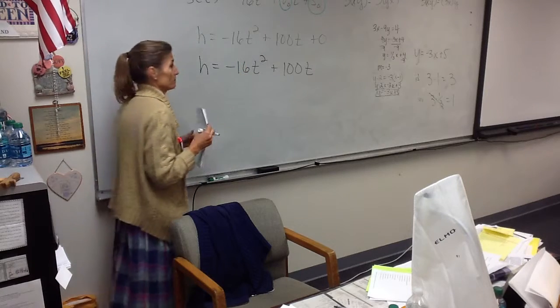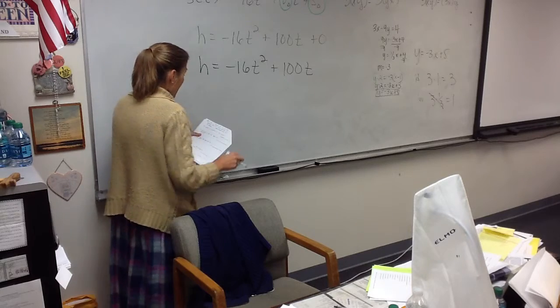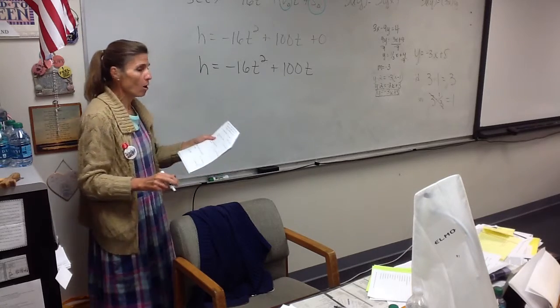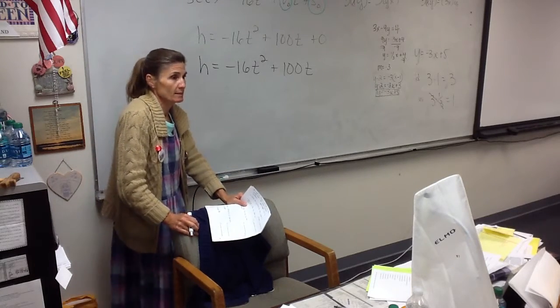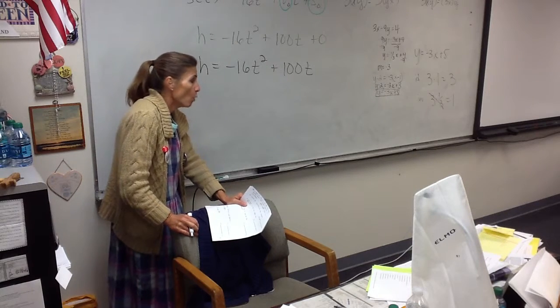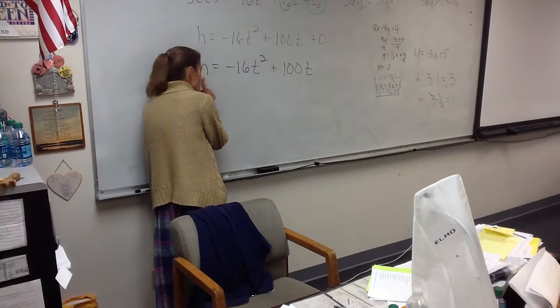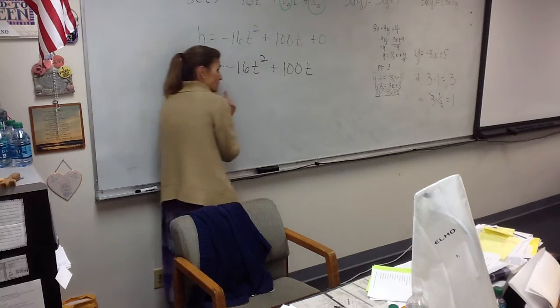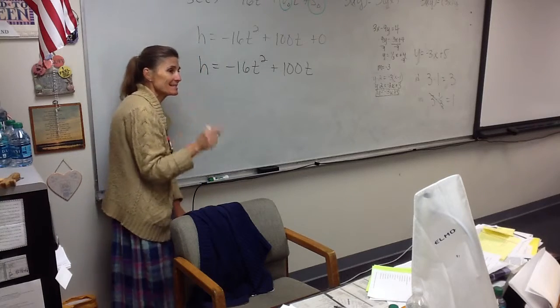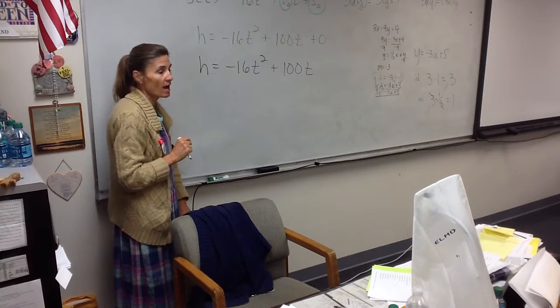Here we go. Question B. How high is the ball after 1 second? Now I got to do something with that 1 second. Where does 1 second go into the equation? For t, it's a time.